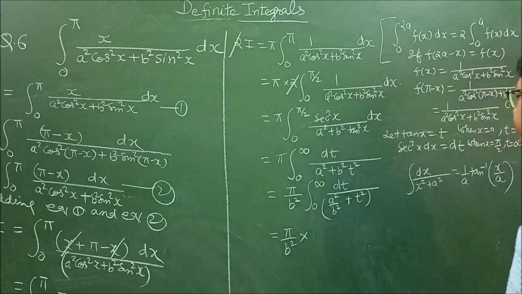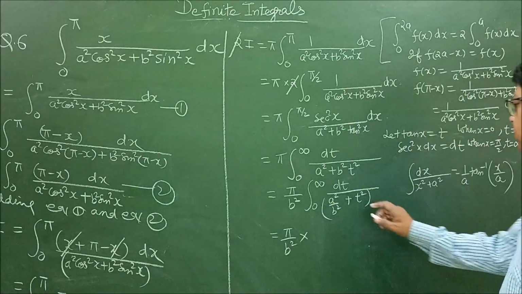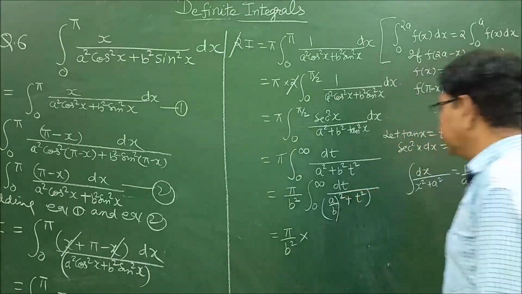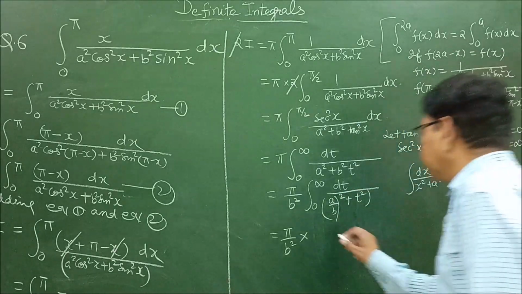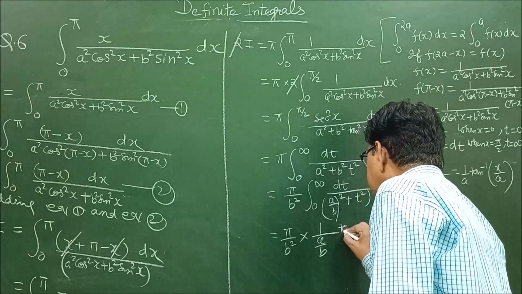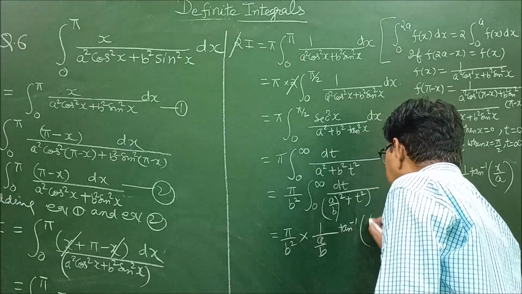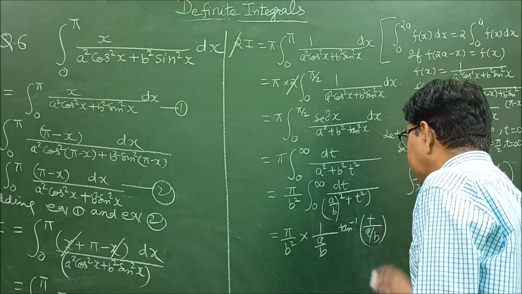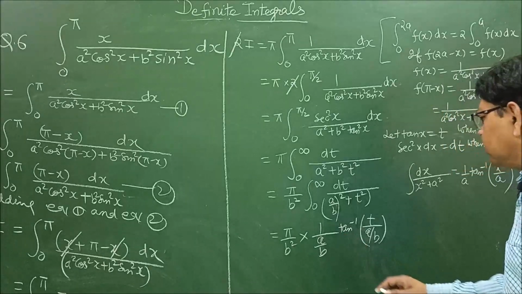the value of a is here, the square of a upon b. So 1 upon a, that is a upon b, tan inverse t upon a upon b, and applying the limits from 0 to infinity. Because this is a constant, it can be taken out.